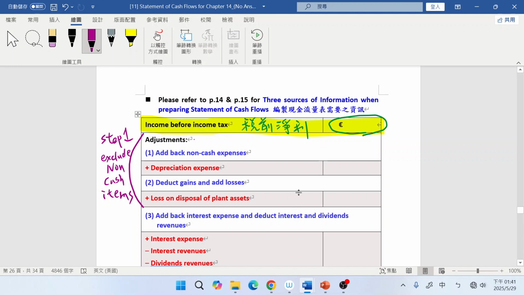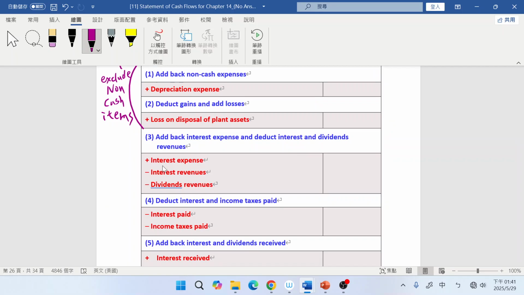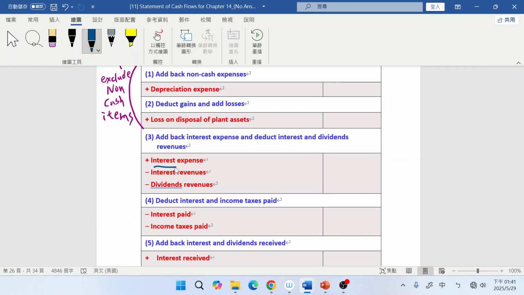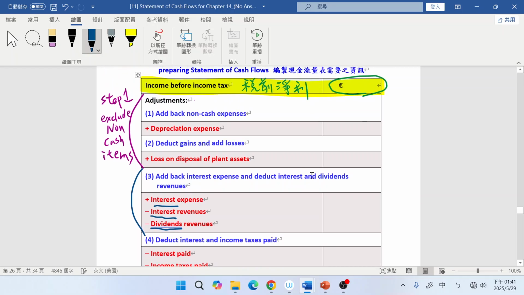Okay? So what are these 2 big guys? Interest and dividends, right? Interest and dividends. So this is our step 2. Exclude creditor and shareholders items.